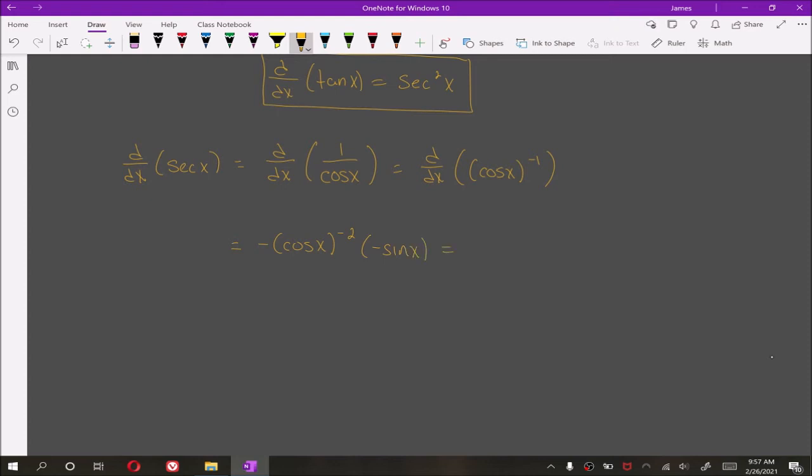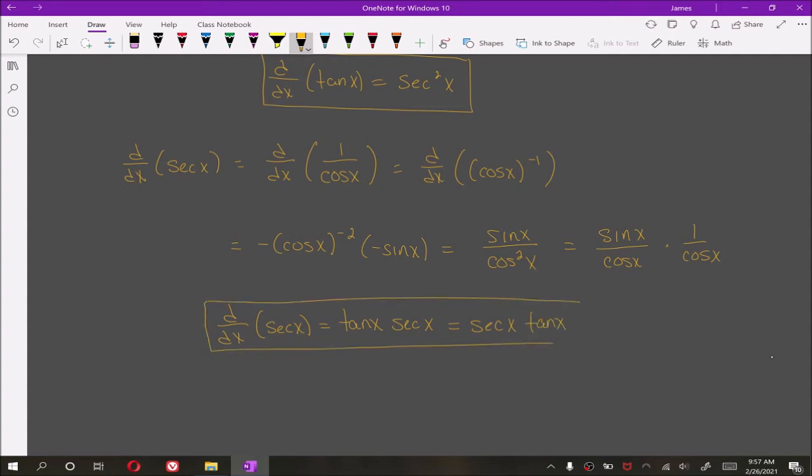This gives sine of x over cosine squared x, which can be written as sine of x over cosine of x times 1 over cosine of x. And so we find that the derivative of the secant function is tan x times secant x, or often written as secant x times tangent x.